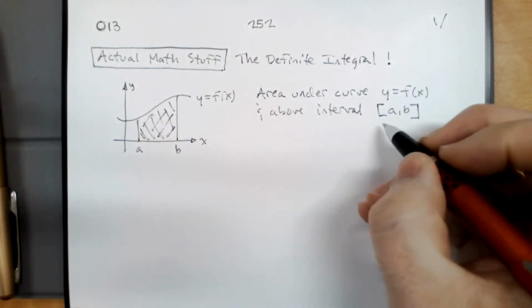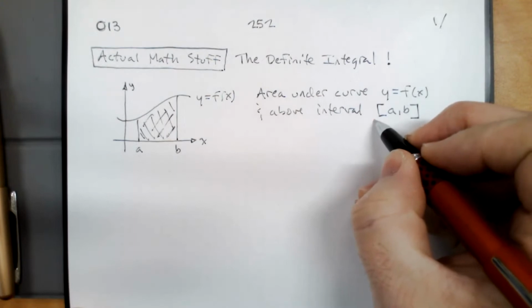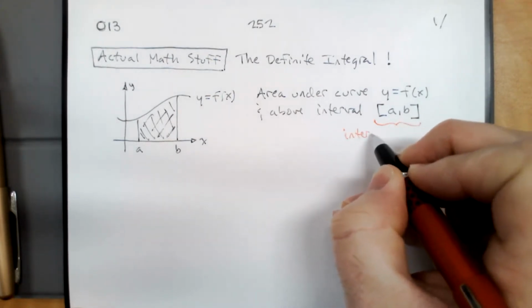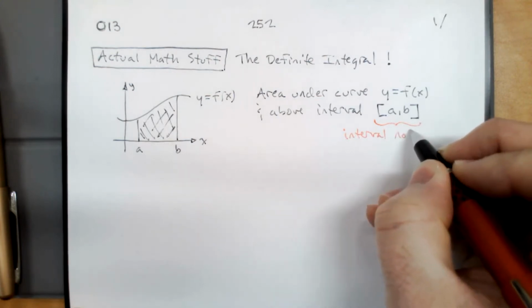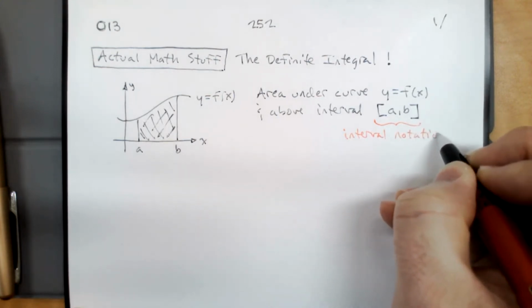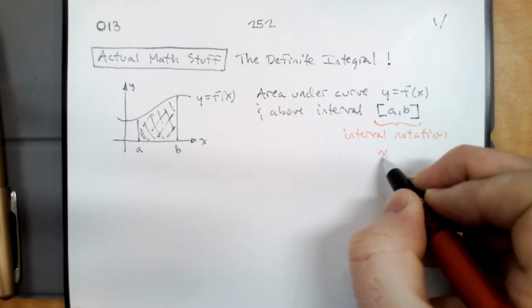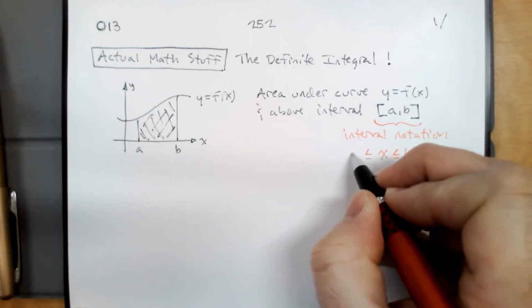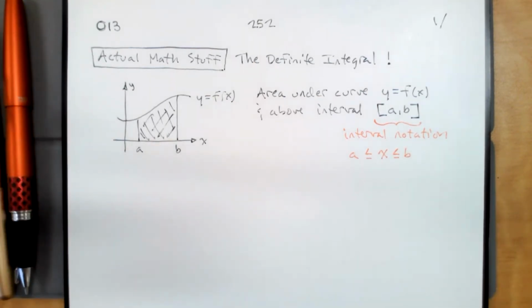So this interval notation is for all the values of x that are less than or equal to b and greater than or equal to a.